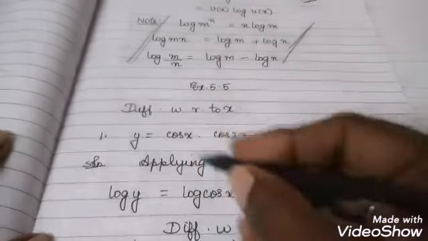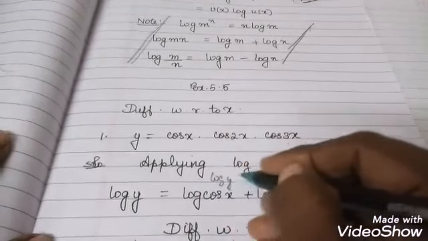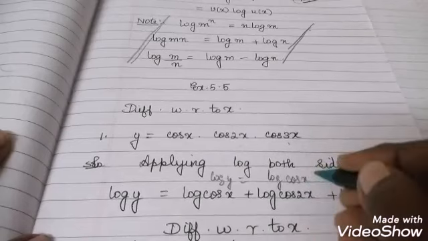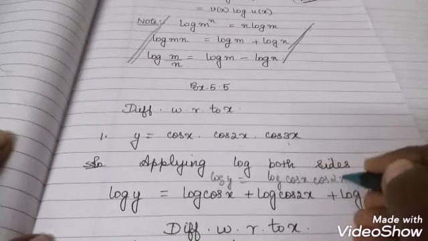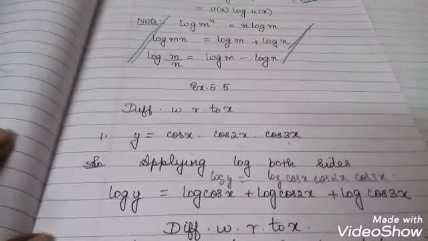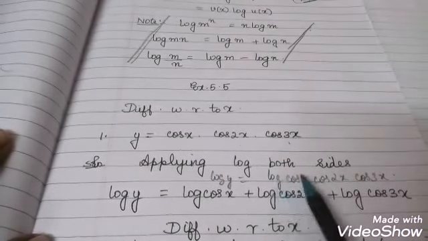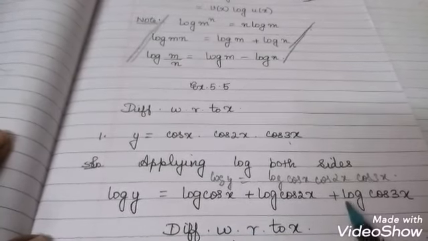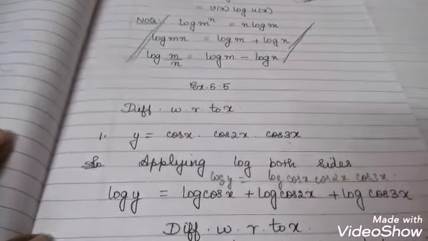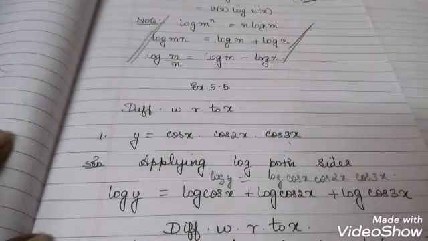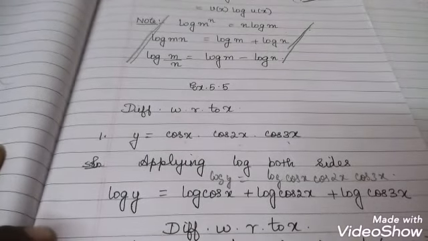So log y is equal to log of cos x into cos 2x into cos 3x. I can write it as log cos x plus log cos 2x plus log cos 3x.